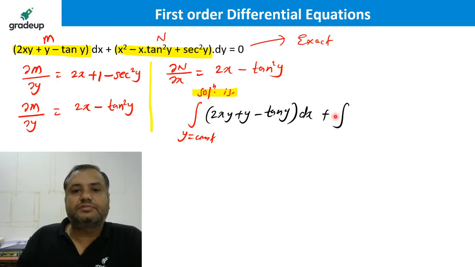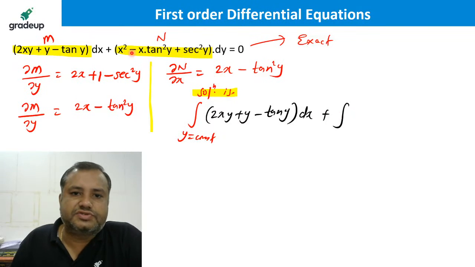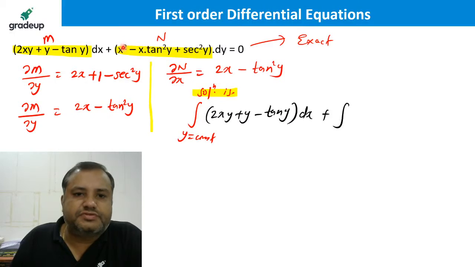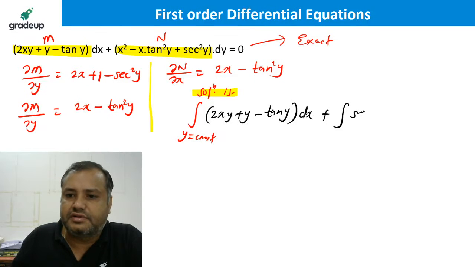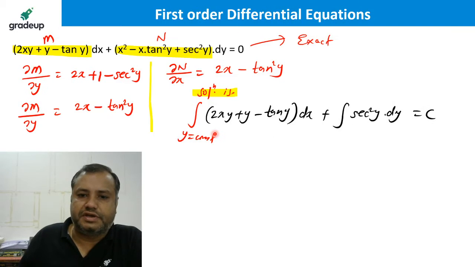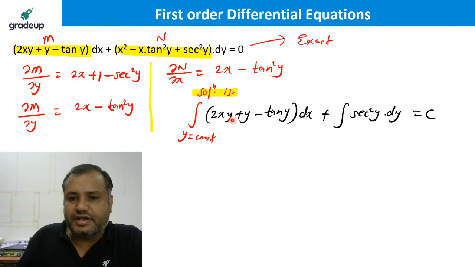Plus terms of N not containing x. So this is N. The terms which contain x, skip those terms. Skip it, skip it. This is free from x, so consider it. Equal to c. So y is constant, so twice y constant.